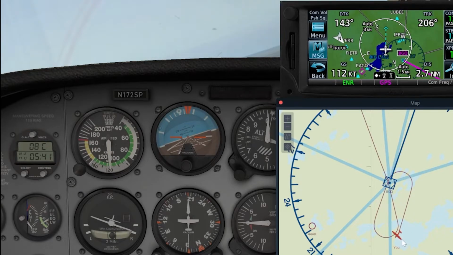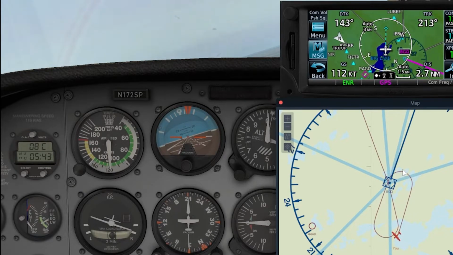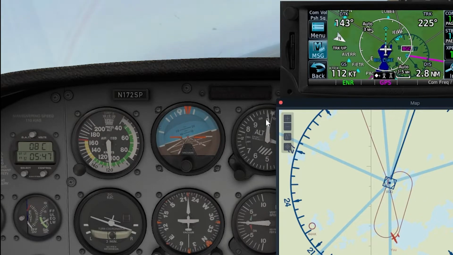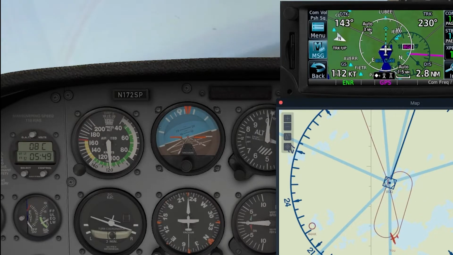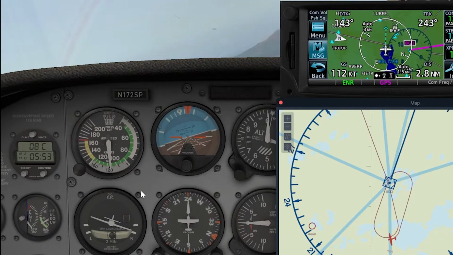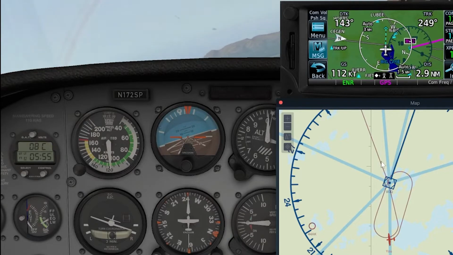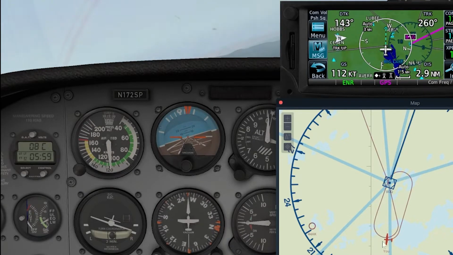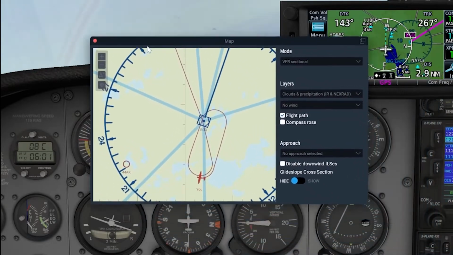There you go, and that's exactly how it should look, a nice racetrack pattern around the VOR. Again, you go 2,000 feet, standard right-hand, standard turns, coordinated, constant speed, all that good stuff in instrument flying. So that's a teardrop entry.